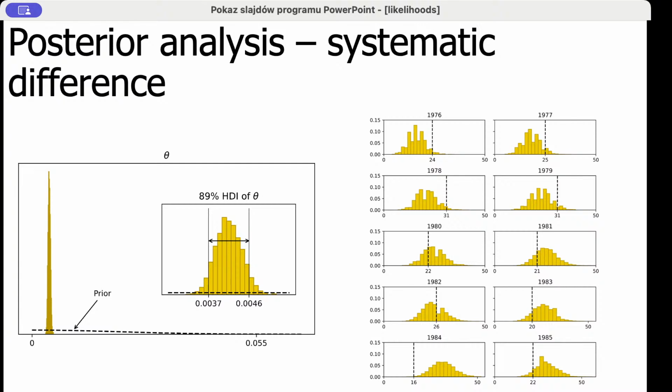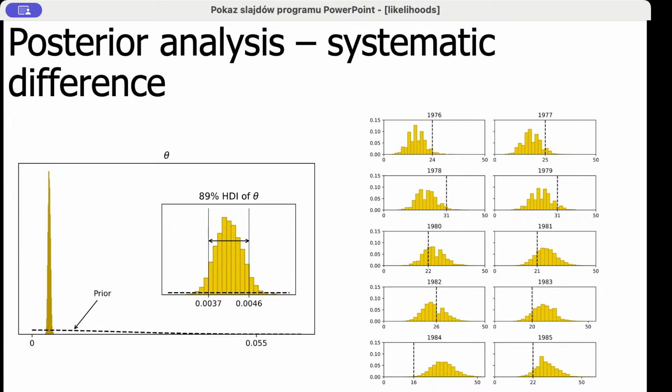And we see that while there is certain improvement, there is still a systematic difference between the number of accidents that our model predicts and the actual number of accidents. In the earlier years it underestimates that number, and in later years it overestimates it.